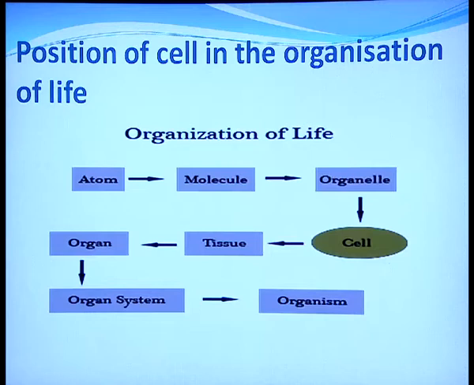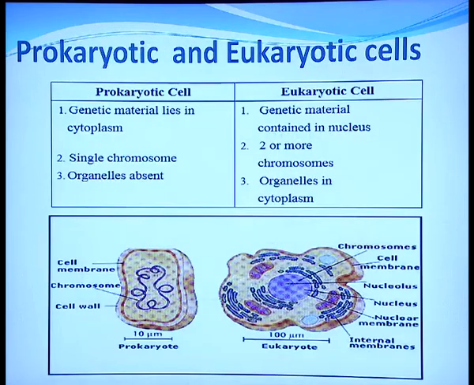Last time I told you about the history of life, that first it was the biomolecules. From the biomolecules cells were formed, from cells tissues, from tissues organs, from organs organ systems, and from organ systems an entire individual body of a living being was made. So, this is the organization of life.